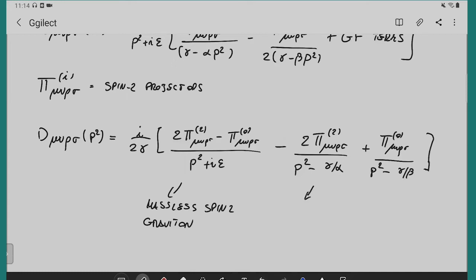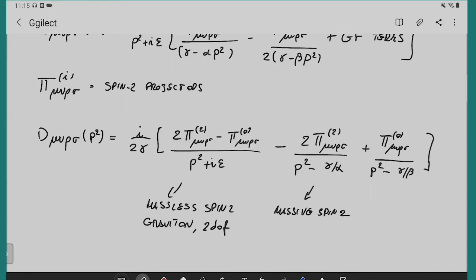This one is a massive spin 2. So this has 2 degrees of freedom, like the 2 polarizations of the graviton, similar in a similar way to the photon case. Or if you know some gravitational waves, that's the same. These are the same degrees of freedom, the 2 polarizations.